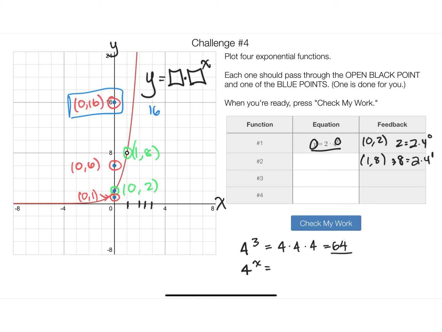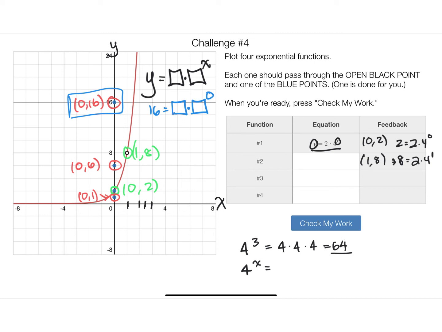When I get 16 equal to some number times whatever number to the 0, it doesn't even matter what this number is. If it's 10 to the 0, it's 1. If it's 15 to the 0, it's 1. Anything to the 0 is going to be 1, so this first number is going to be 16.